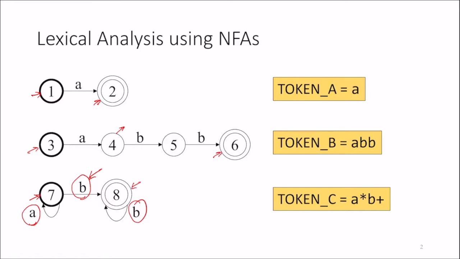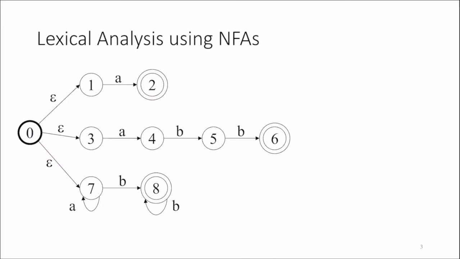So let's say we have these 3 tokens, and we want to build a lexical analyzer. We've already taken the regular expressions, and using the Thompson construction, we have converted them into these 3 NFAs for those regular expressions. Now we want to recognize any strings in either token A, B, or C. So just create a new start state and link them up in the usual way using empty string transitions to the start states of each of the original ones.